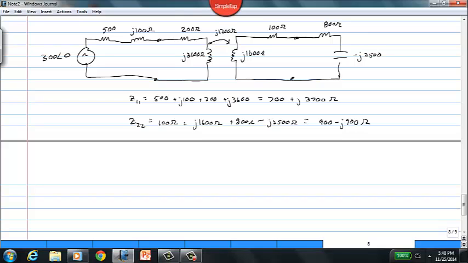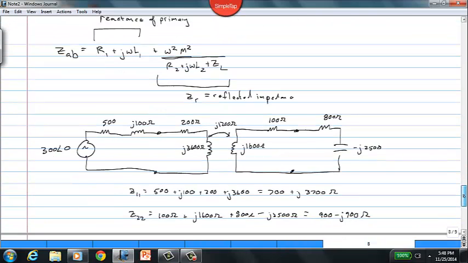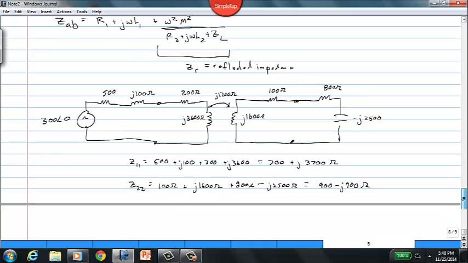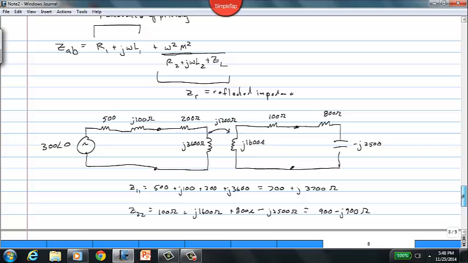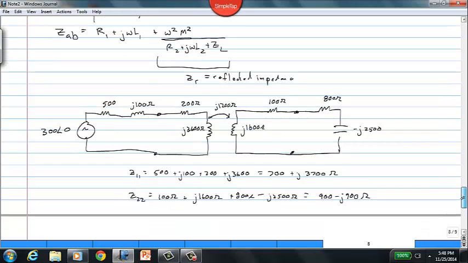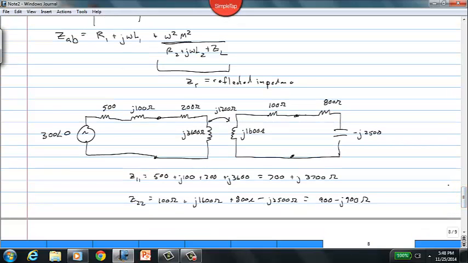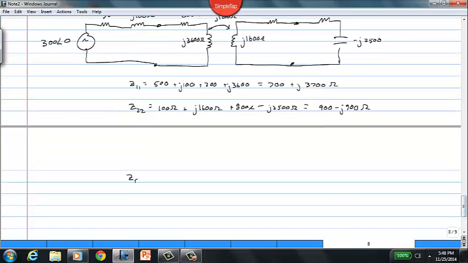We now want to calculate the impedance reflected into the primary winding, that's ZR, the reflected impedance. We see that's omega squared M squared over R2 plus j omega L2 plus ZL. So omega M was already given to us as 1200. So we get 1200 squared.